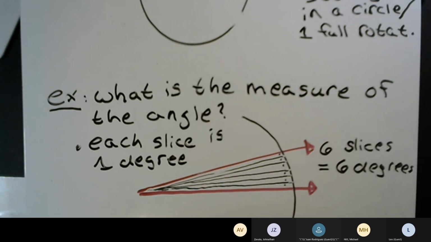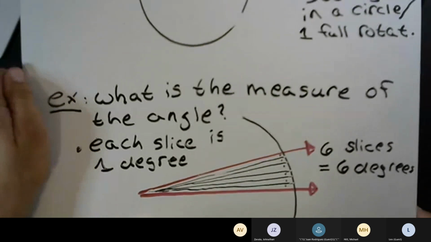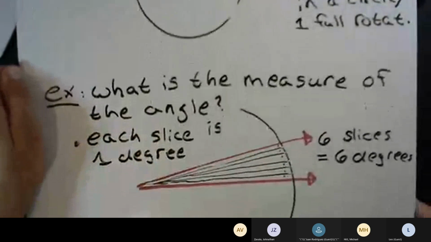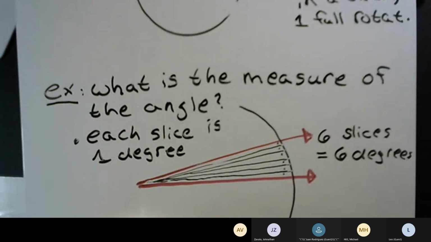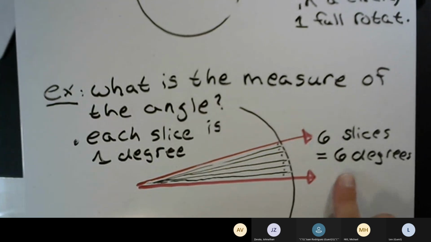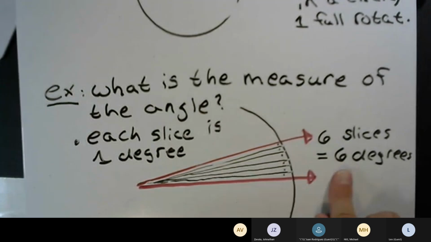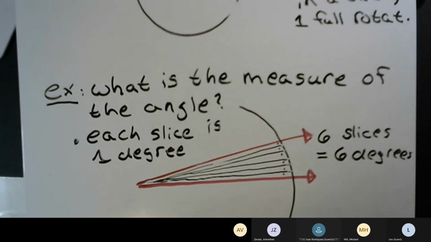Now, there's something else we do with degrees, which is sort of unusual, but you might have heard of this before. We mentioned a little bit earlier. If I'm going too fast, let me know if you're still writing something. But you can have fractional degrees, like if you have 6.5 slices in here, you'll have 6.5 degrees. But there's another way of representing parts of a degree.